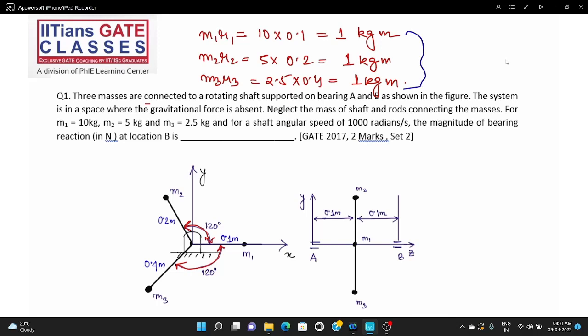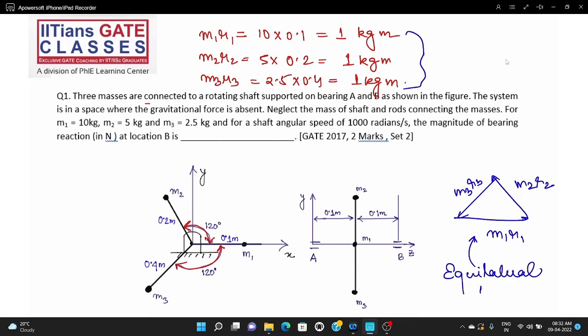All three centrifugal forces will be equal because omega is constant everywhere, and they are aligned at an angle of 120 degrees. So if you arrange M1R1, M2R2, M3R3, it is going to form an equilateral triangle.